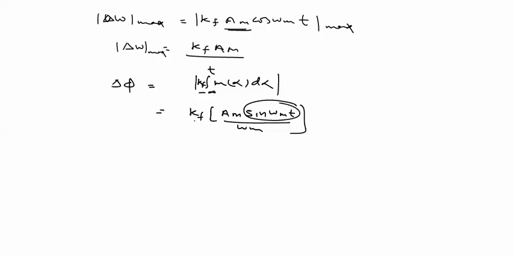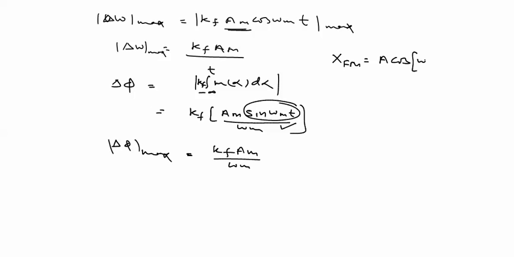For maximization, the maximum value of this is kf am upon omega m, since the maximum value of sin is 1. We conclude for single tone the expression is a cos of omega ct plus kf am over omega m sin omega mt.